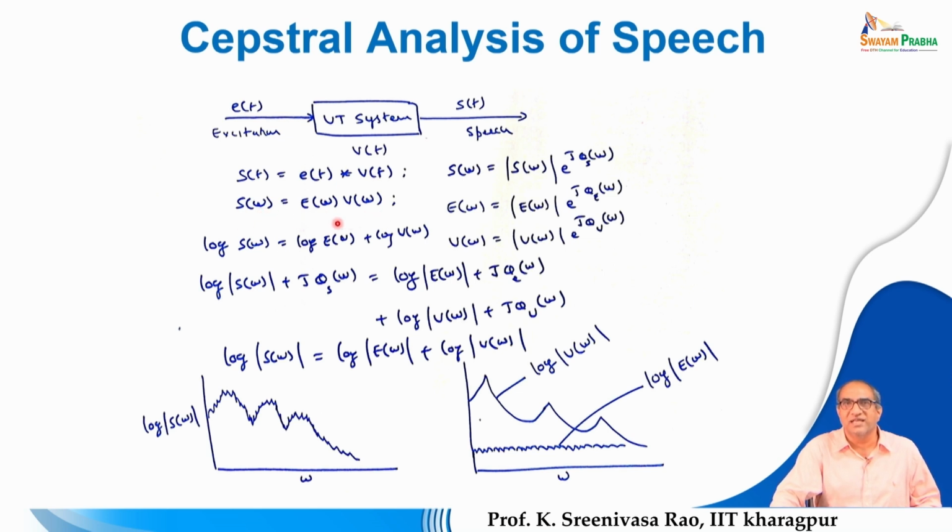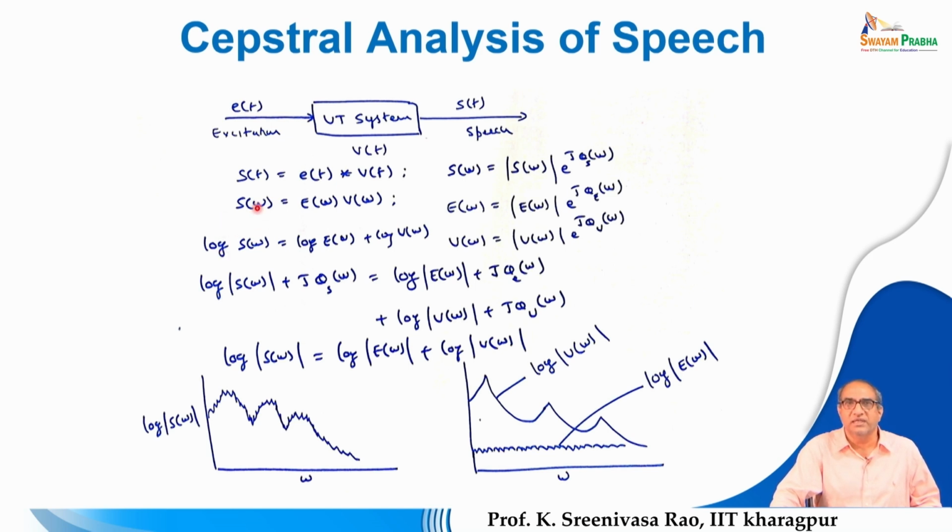These signals are complex, so they contain both magnitude and phase. The phase is a bit tricky because it wraps between minus pi and plus pi, so unwrapping is required. Therefore, when dealing with speech signals, we mainly focus on the magnitude of the spectrum.